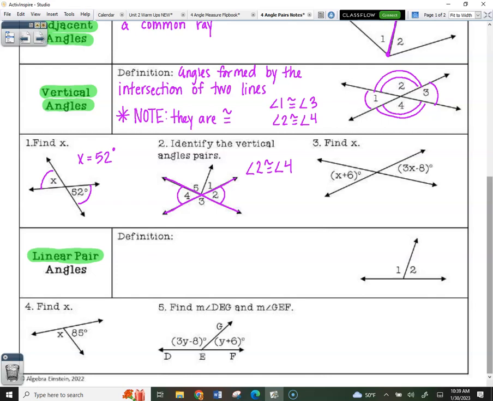Vertical angles are congruent. You're going to get tired of me saying that, but it's because it's so important. Vertical angles are congruent. So this has to equal this. So what's my equation? 3x minus 8 equals x minus. Yeah, you're going to set these 2 things equal to each other.